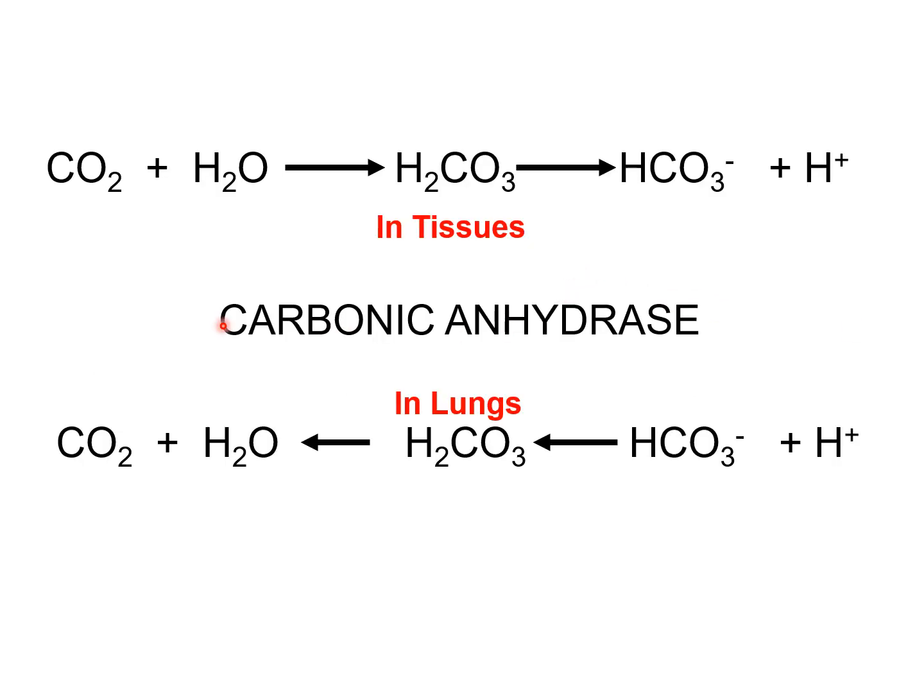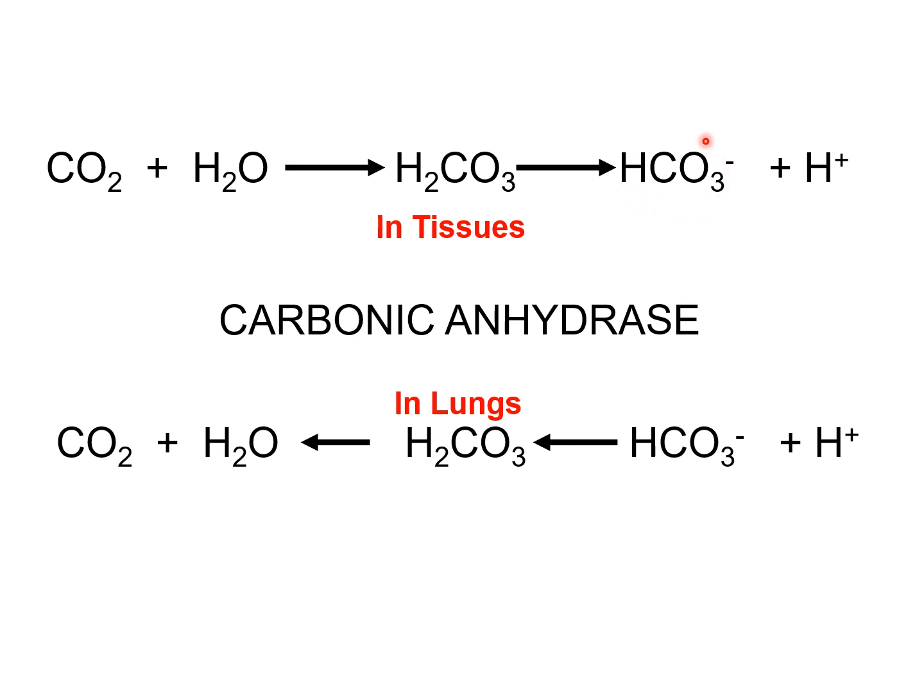So in tissues where carbon dioxide is made by the mitochondria, as soon as carbon dioxide enters blood, inside red blood cells there is this enzyme. Not only hemoglobin is found inside red blood cells, but also this enzyme, carbonic anhydrase, and carbonic anhydrase will speed up these chemical reactions from carbon dioxide plus water to carbonic acid, and then bicarbonate ion will be created.